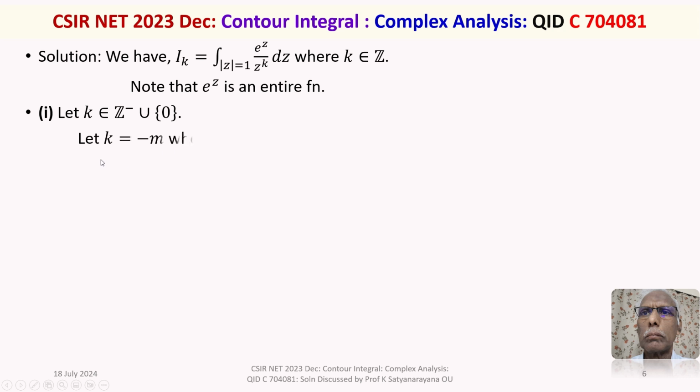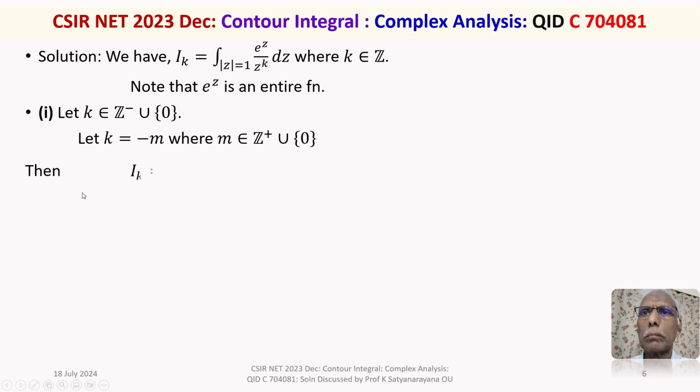So let k equal minus m. Then what will be m? K is negative or 0, therefore minus m, where m belongs to the set of positive integers union 0, that is, the set of non-negative integers.